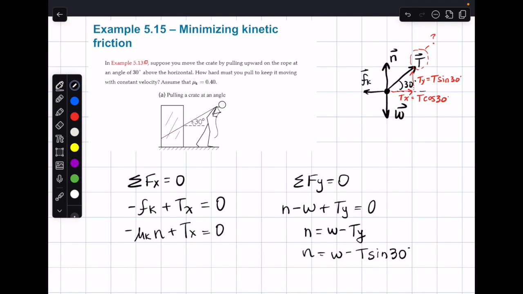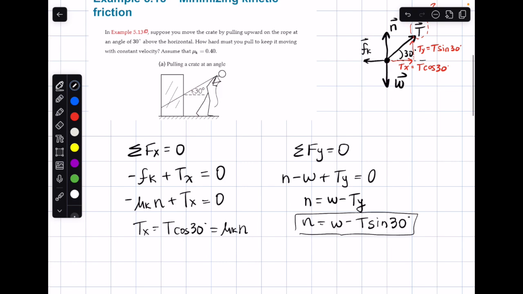So we're solving for T. Here's one expression with T in it, here is another expression with T in it. Let me go ahead and just solve for that. Let's write what Tx is. T cosine 30. And that's equal to mu k N, if I just move that mu k N over to this side, right? So I have two expressions with T in it, and then I have two unknowns, right? This guy's an unknown, N, and T is an unknown. So I have two equations, two unknowns.